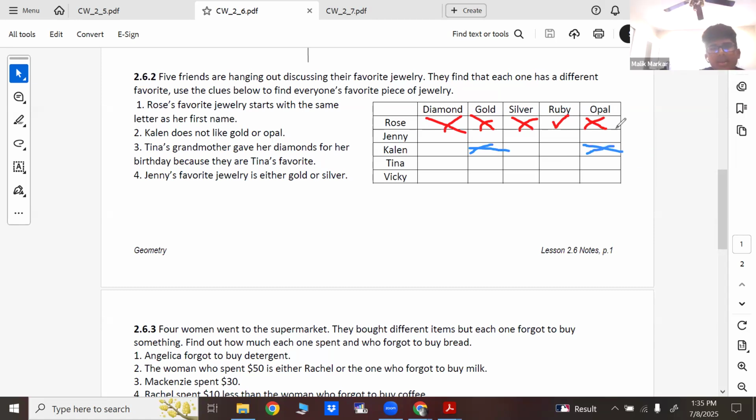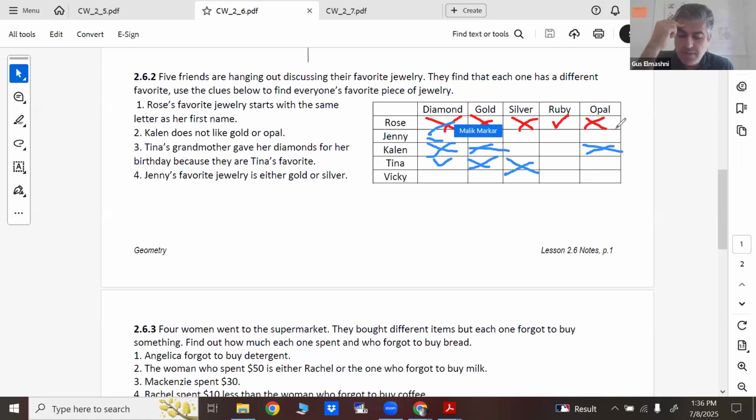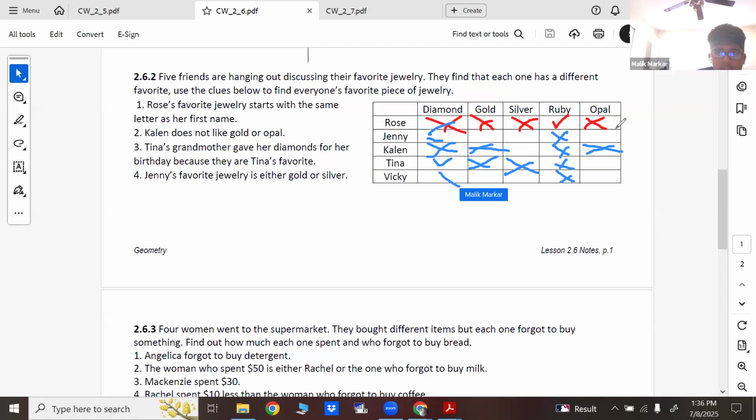Tina, Bella gift diamonds. Okay, so then wouldn't Tina have diamonds? Okay, and she has this. Danny's favorite jewelry is the gold and silver. Can't be silver, so it's because, okay.